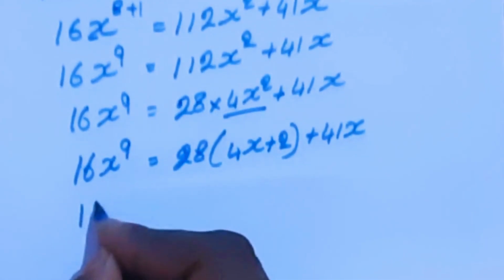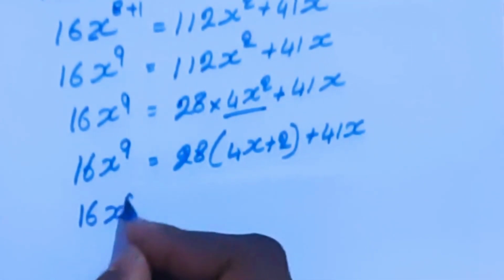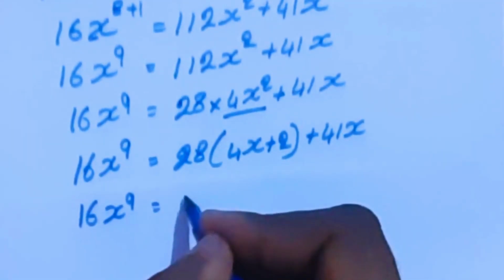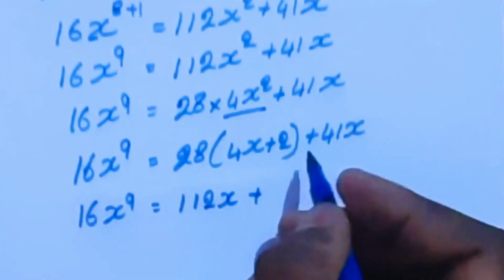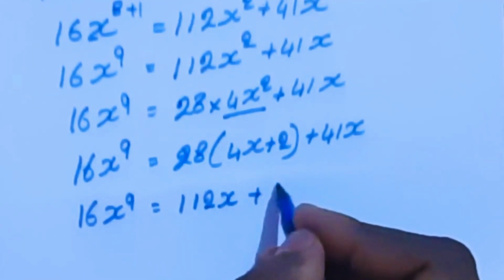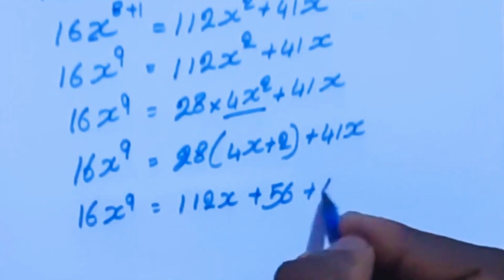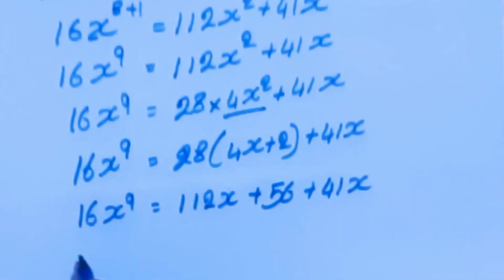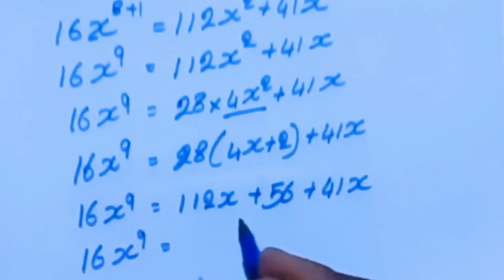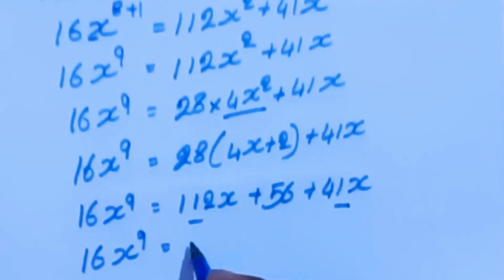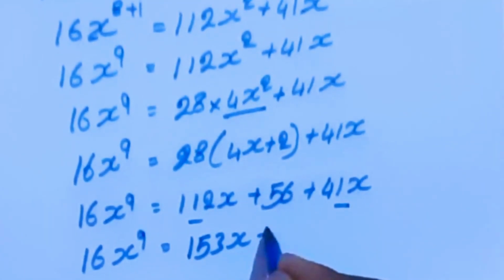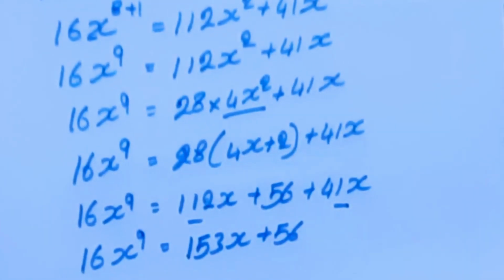Now 16x to the power of 9 equal to, here it is 112x plus 28 times of 2 is 56 plus 41x. Now 16x to the power of 9 equal to, now we are going to add this, so we'll get 153x plus 56.